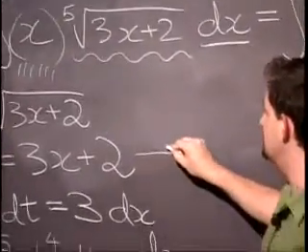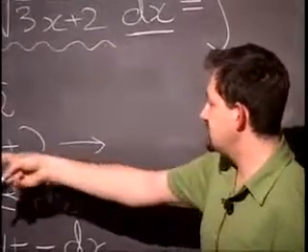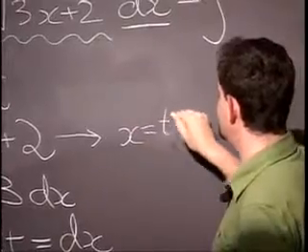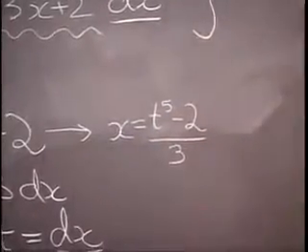But that's okay. We can take this equation down here and solve for x just by subtracting 2 and dividing by 3. And if you do it, you'll find x is t to the 5 minus 2, divided by 3.